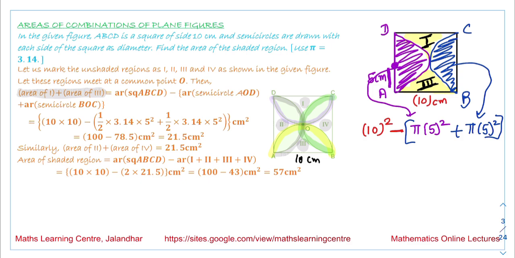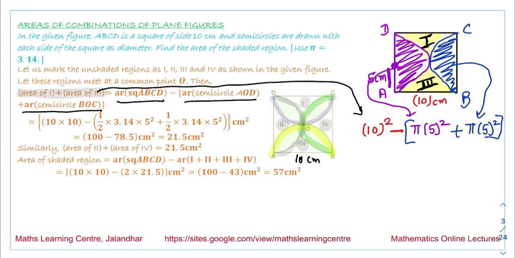So the area of region 1 plus area of region 3 is equal to the area of the square ABCD minus the sum of the areas of the two semicircles. When we solve these values, we get 100 minus pi into 5 into 5, which is 25 into 2.5, and this comes out to be 100 minus 78.5, which is 21.5 centimeter square.